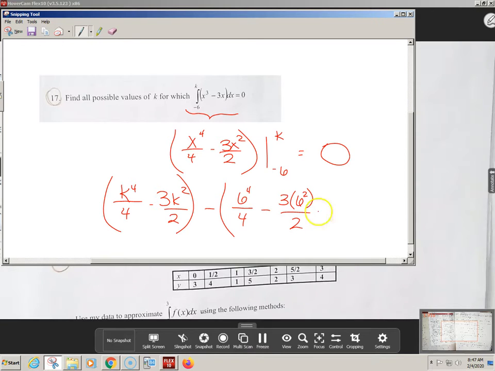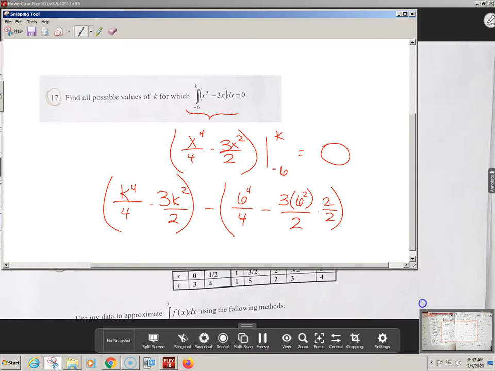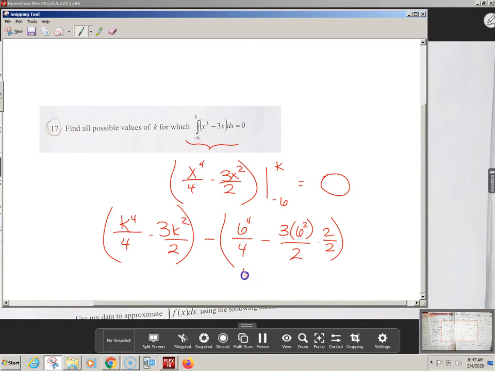I could throw in a quick 2 over 2 to get a common denominator of 4. That's still 2 times 3 is 6. Okay, well we could do some math with this and manipulating it, because now I have 6 to the 4th over 4 and then 6 cubed all over 4. Maybe that wouldn't have to be quite as hard as I would make it.